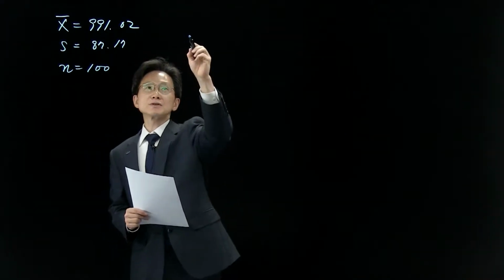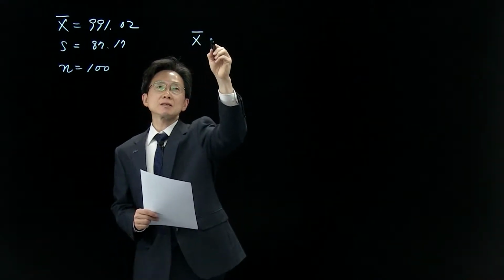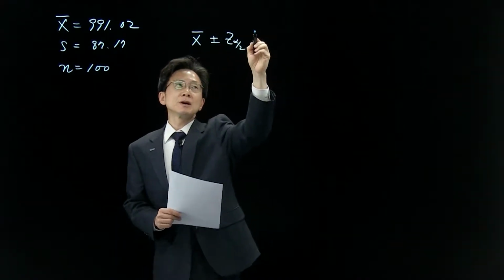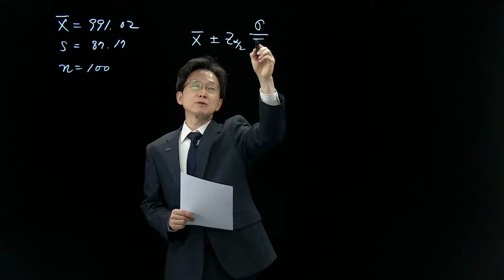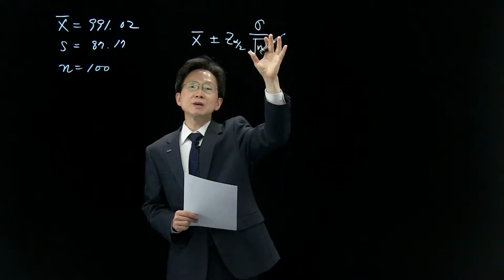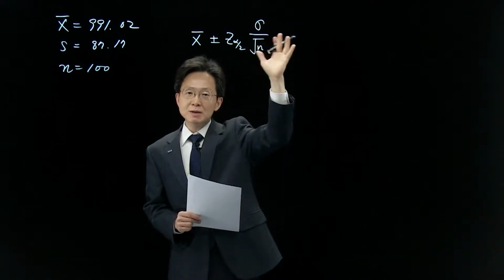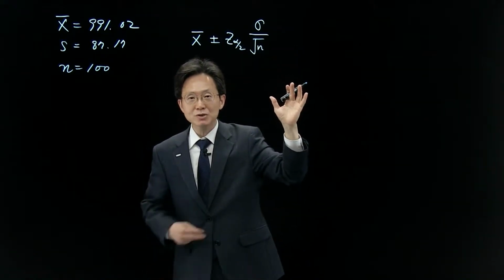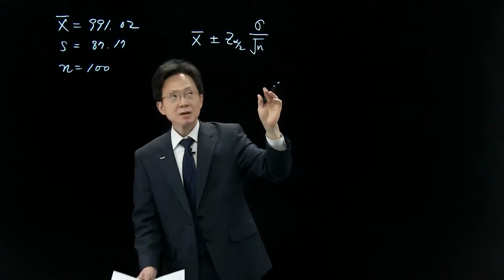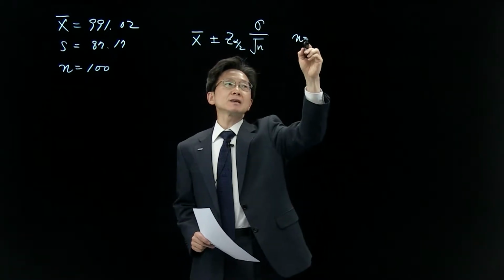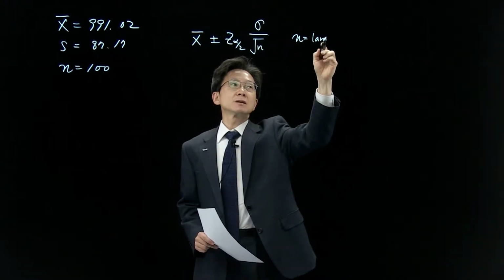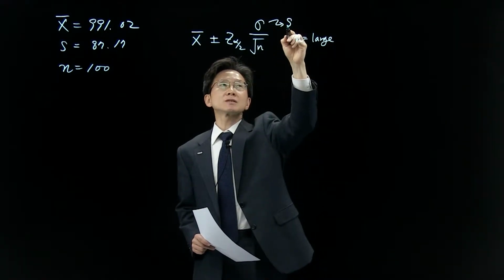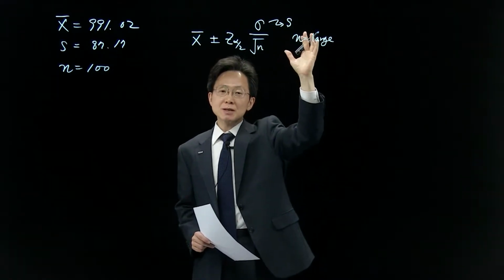So the confidence interval is x bar plus minus z alpha over 2 times sigma over root n, if we indeed know sigma. But the problem was that we do not know sigma because that's the true value, which is unknown to us. But if n is very large, then we can substitute sigma with s, the sample standard deviation.